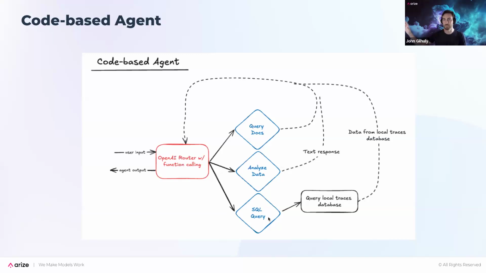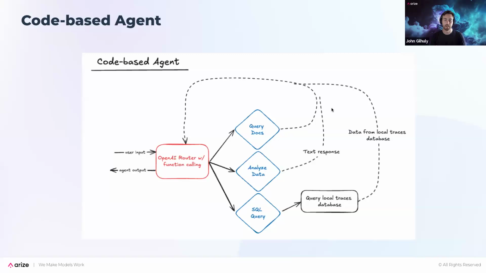Again, if you've used Phoenix, you get a whole database of traces as your application's running. So I connected that to this skill so that it can actually generate and run SQL queries over that database. And then the whole thing is powered by this OpenAI router here. I'm just using base OpenAI APIs with function calling to choose one of these different skills to go to.